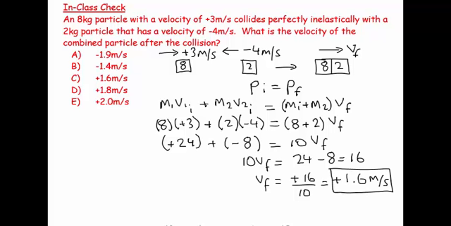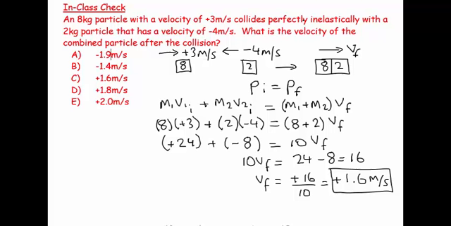So this is a perfectly inelastic collision, which means that the two particles stick together after the collision. And just a word of caution. In this question, I say, what is the velocity of the combined particle?